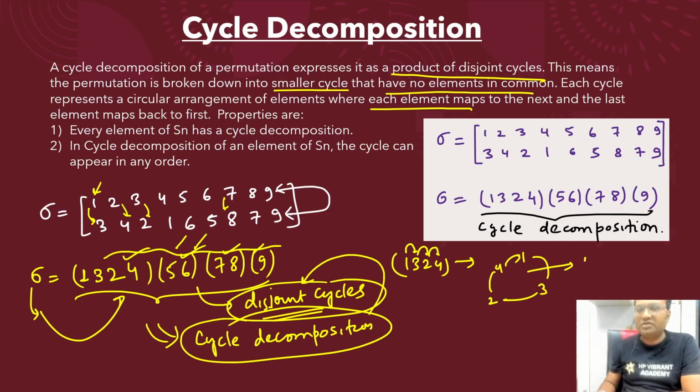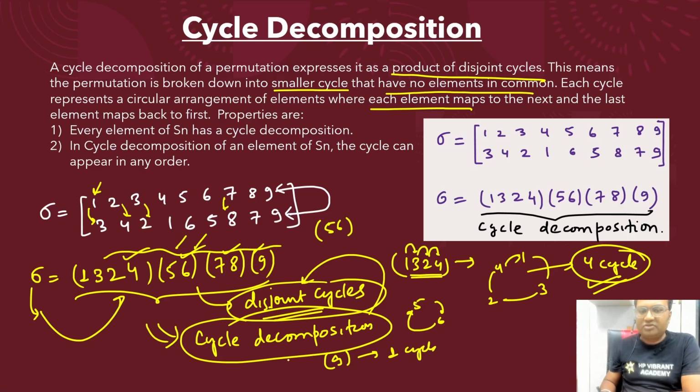This is nothing but a 4-cycle, because 4 elements are there. Similarly (5 6) means 5 goes to 6, 6 goes to 5. This is a 2-cycle. And (9) is a 1-cycle, because 9 goes to 9.